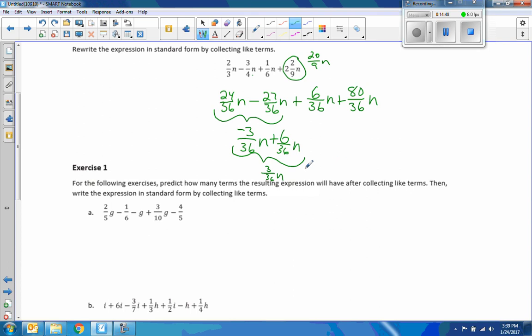And then finally we bring down this last piece, plus 80 over 36, and 3 plus 80 is 83 over 36. Okay, 36 will go into 83 twice, because 36 times 2 is 72, with the remainder of 11. Okay, and there's our answer.